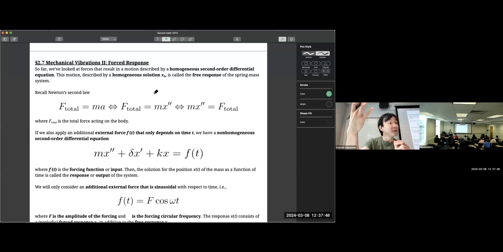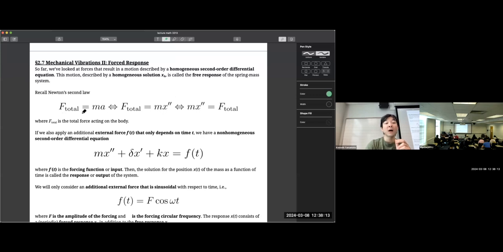With gravity, you can do that coordinate transformation and it still reduces to solving a homogeneous equation. People call that the free response of the spring mass system. But how can you get a differential equation that will need to be non-homogeneous?